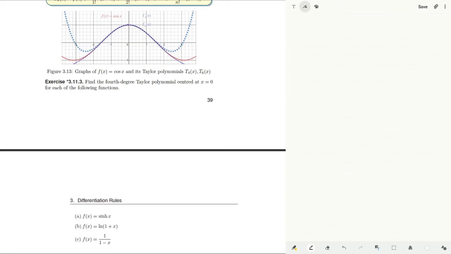So now let's look at some examples for calculating these Taylor polynomials. Let's find the 4th degree Taylor polynomials centered at 0 for each of the following functions.